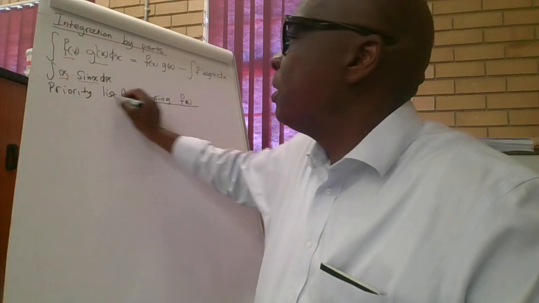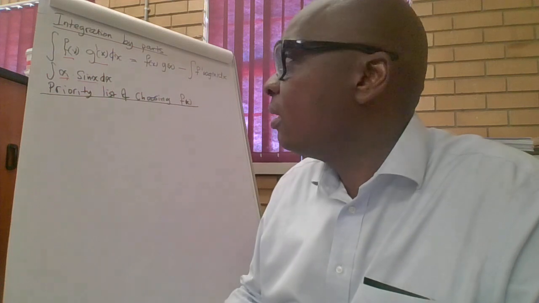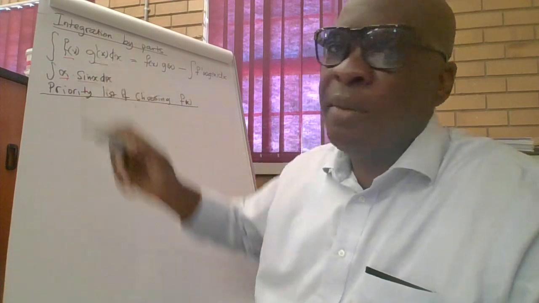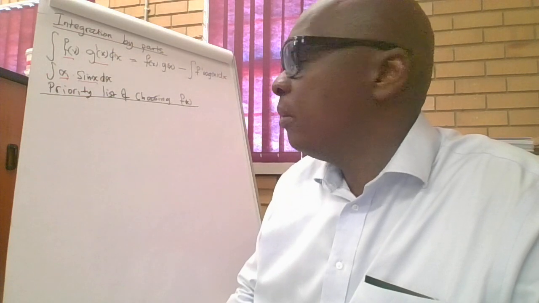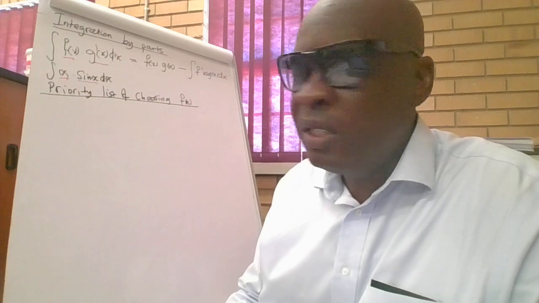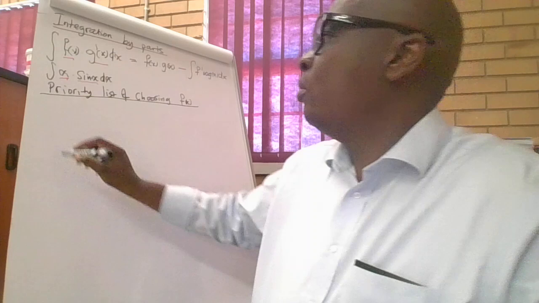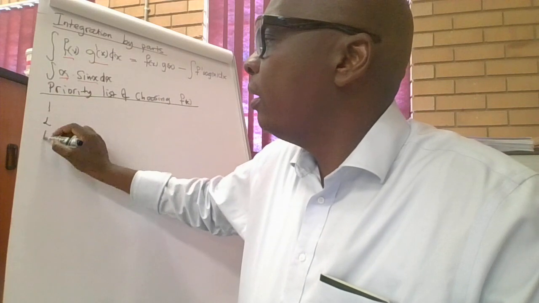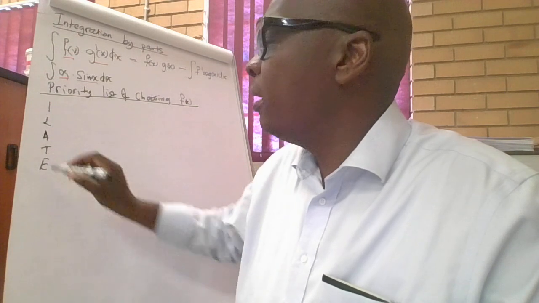This helps us to choose a function that is going to be f of x in our product of f and g prime. So now in this priority list, remember the first thing that I'm going to write will be first priority, and it goes on like that.